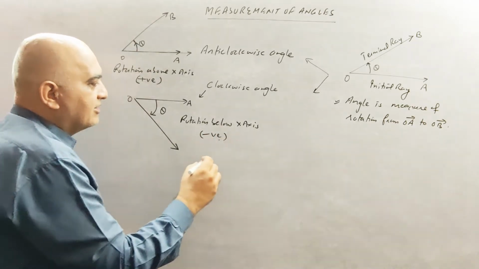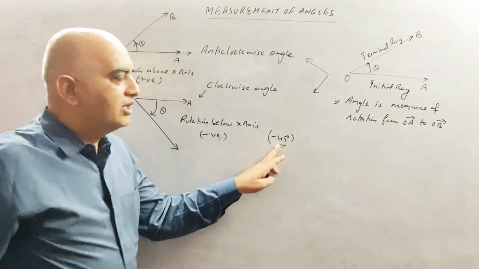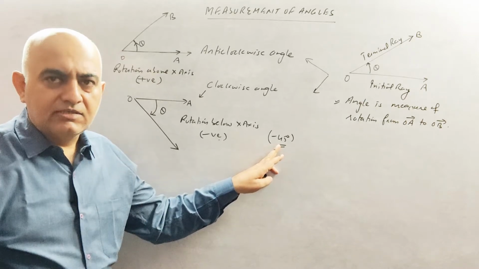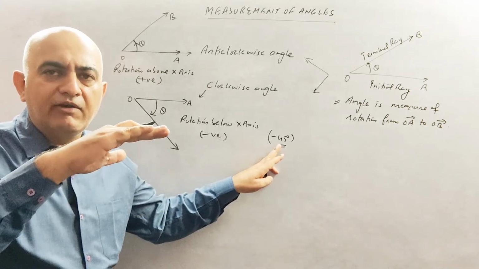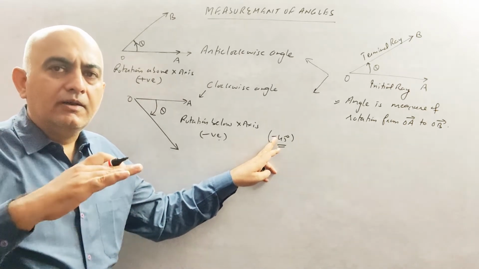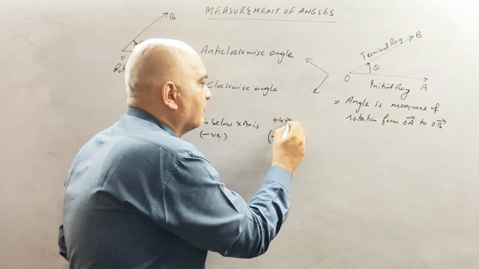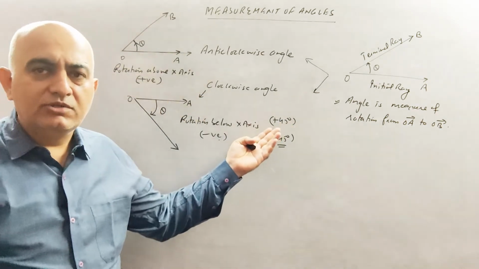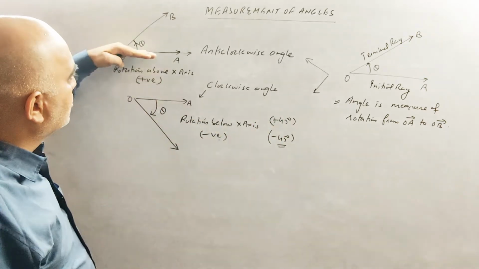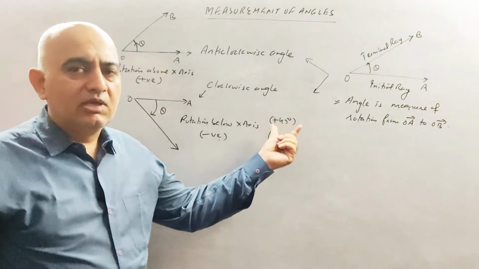If the angle is minus 45 degrees, what does it mean? We are making an angle of 45 degrees below the x-axis. The negative sign indicates the angle below the x-axis, and for plus 45 degrees, we go upward from the x-axis. That will be the positive angle.